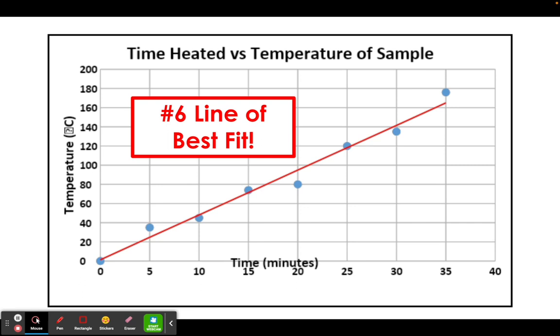That is a big no-no, right? Your teacher shouldn't see straight lines between all of the dots. That would be really bad. Your teacher would probably not accept that as a good graph, and you'll probably lose points. So don't play connect the dots.